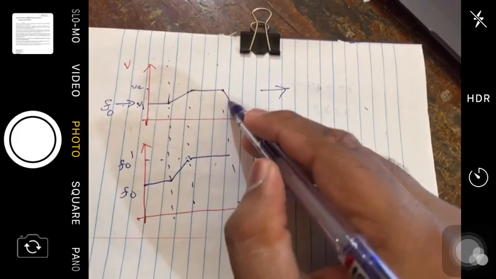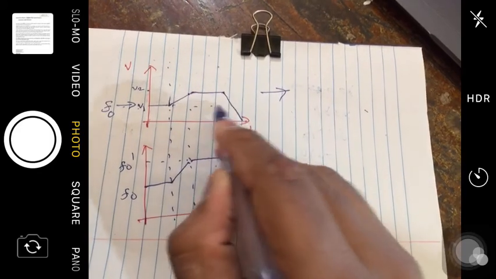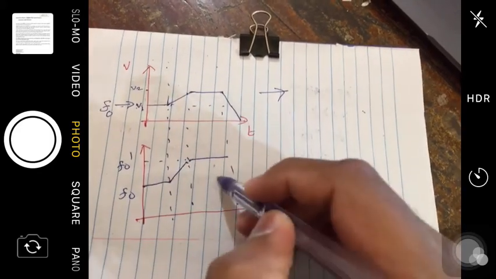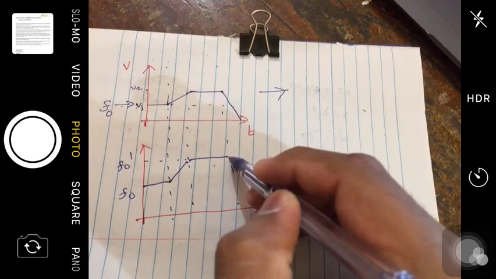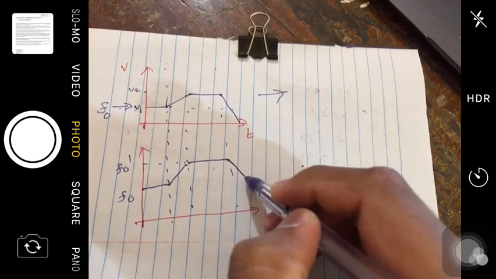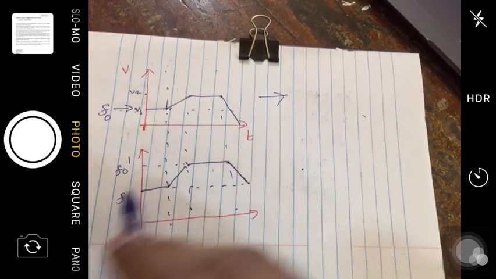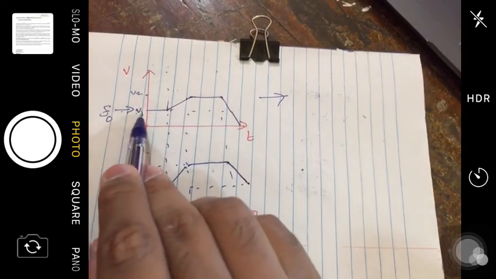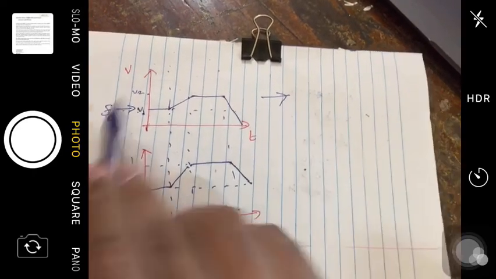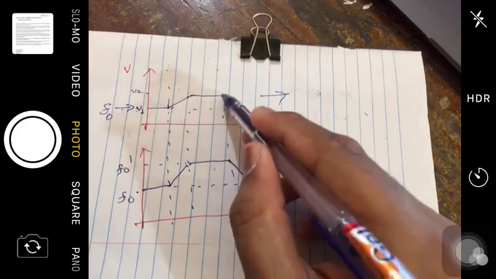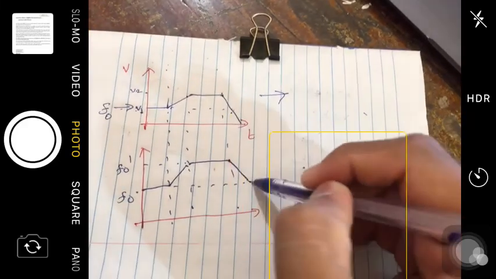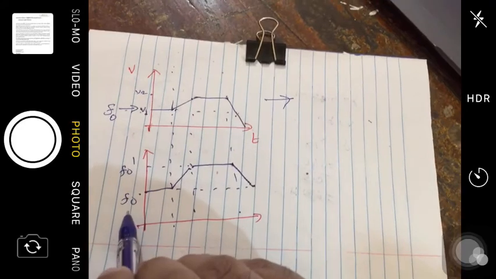Then the speed decreases, and when the speed comes to v1, the observed frequency will also come back to the original observed frequency, f0, since v1 corresponds to f0.